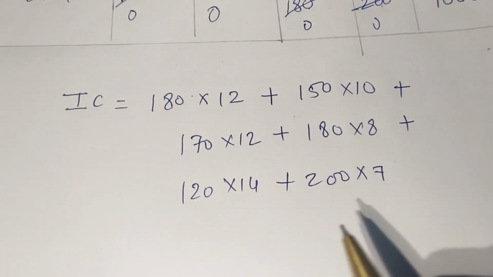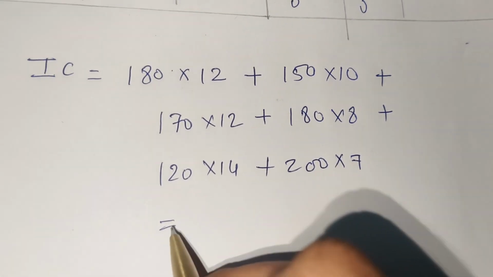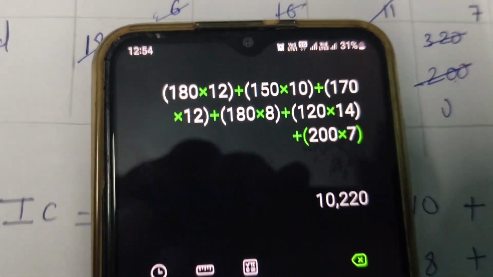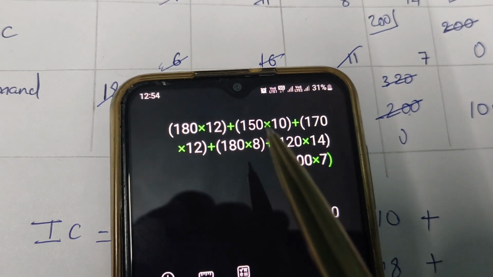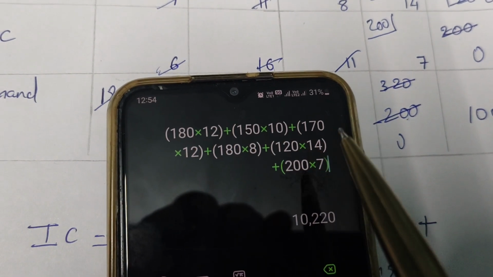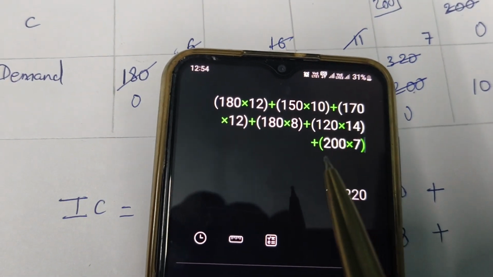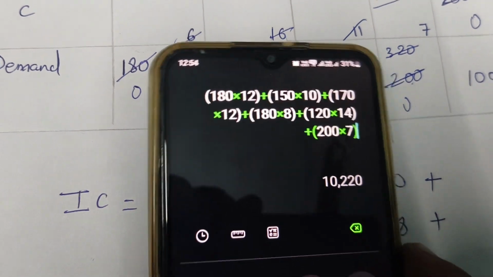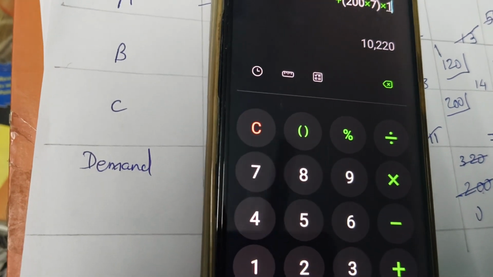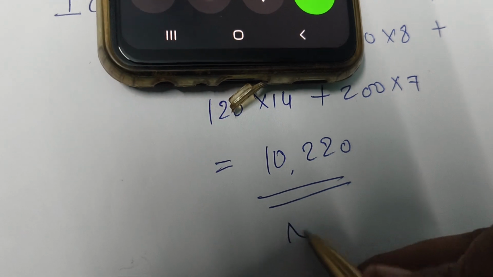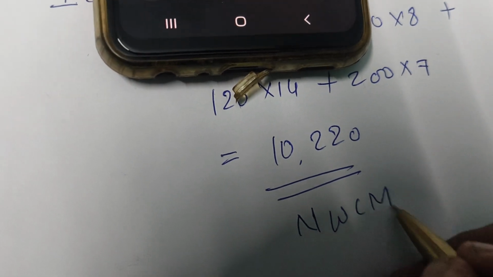Just do the calculation and you will get the initial cost. So the initial cost is 10,220. This is our cost as per northwest corner method.